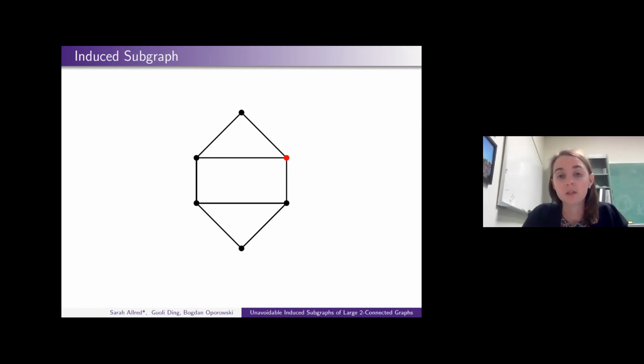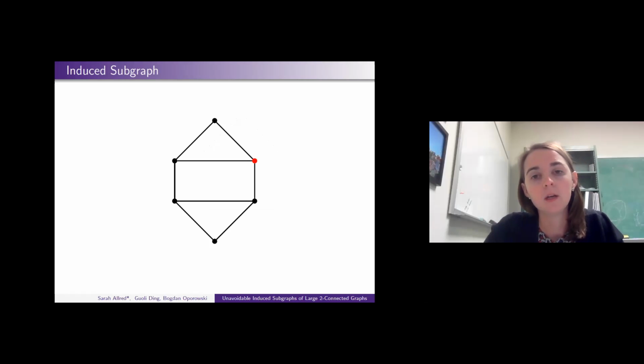So if I want to delete this red vertex, I also need to delete these blue edges. When I remove the red vertex, I'm also removing all 3 blue edges. I cannot remove just 2 of them. And so I will get this as an induced subgraph.